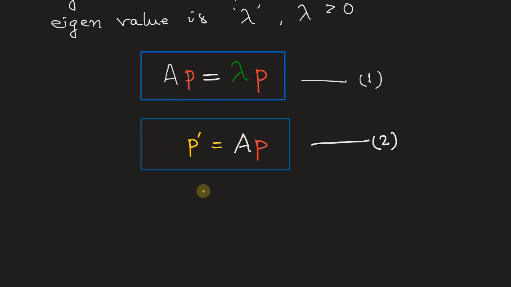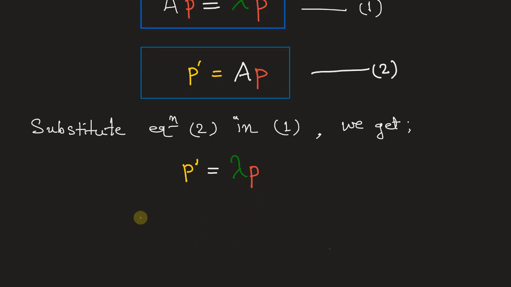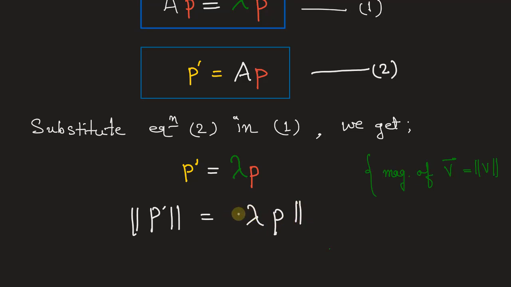So if we substitute, we get P prime is equal to lambda P. Now in the problem it is also mentioned that magnitude of any vector V is given by double modulus of V. So the magnitude of P prime can be written like this, is equal to, now the right hand side also we will put the same symbol, and since lambda is the eigenvalue which is a scalar quantity, or we can say it is a constant quantity, so we can take lambda outside and we can write double mod of P vector.